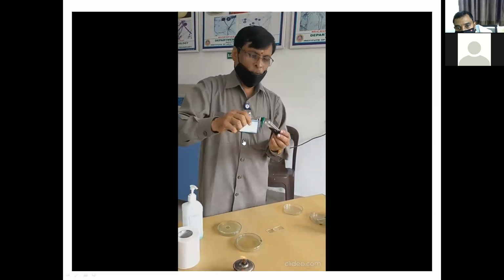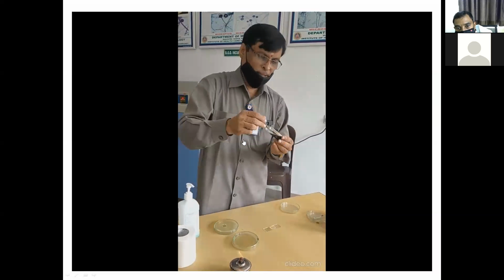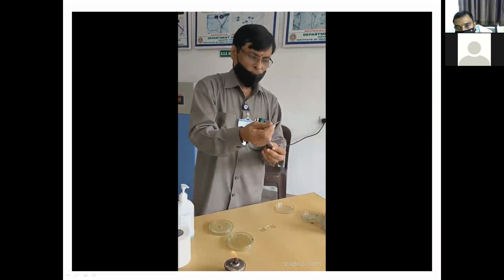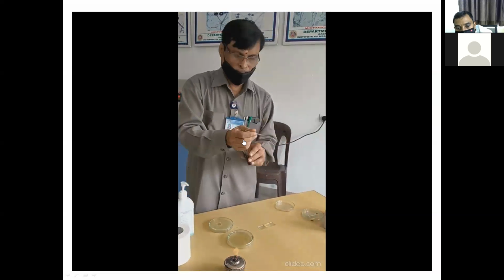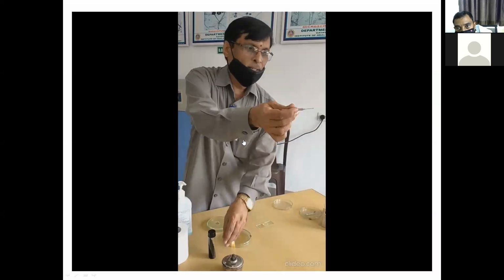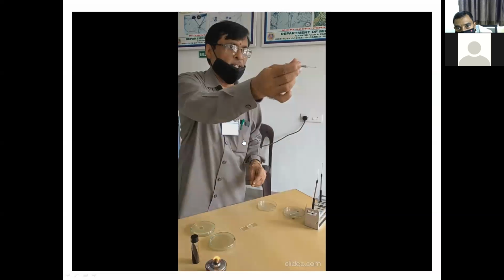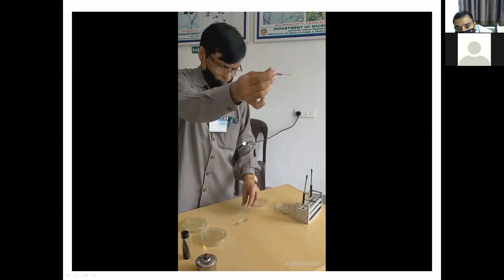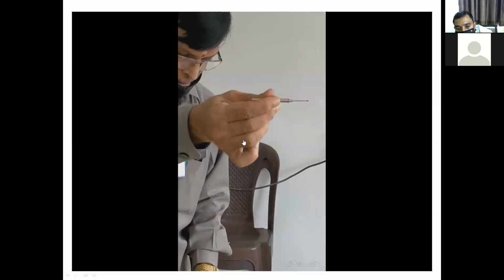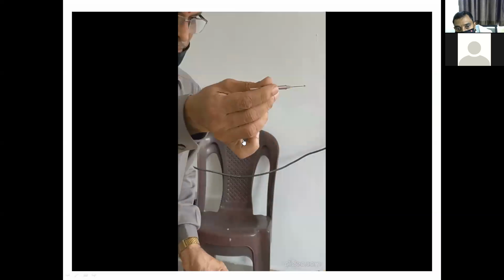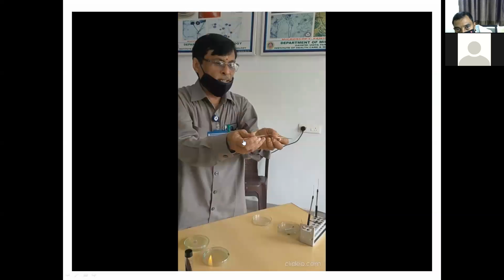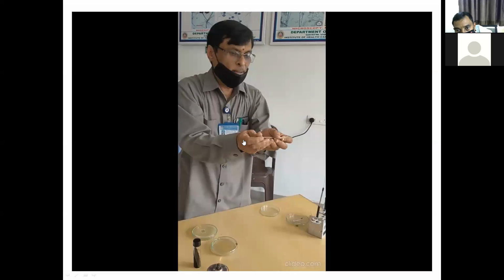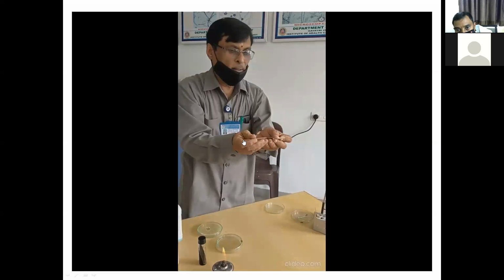Now take a small amount of the fungus, and close it. This is the fungus, a small amount you have taken. Now, on the four sides of the Sabouraud dextrose agar, you just pass with the sharp needle.